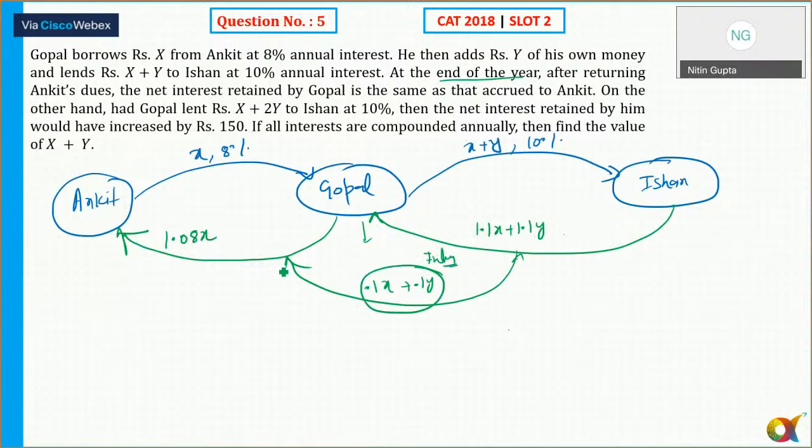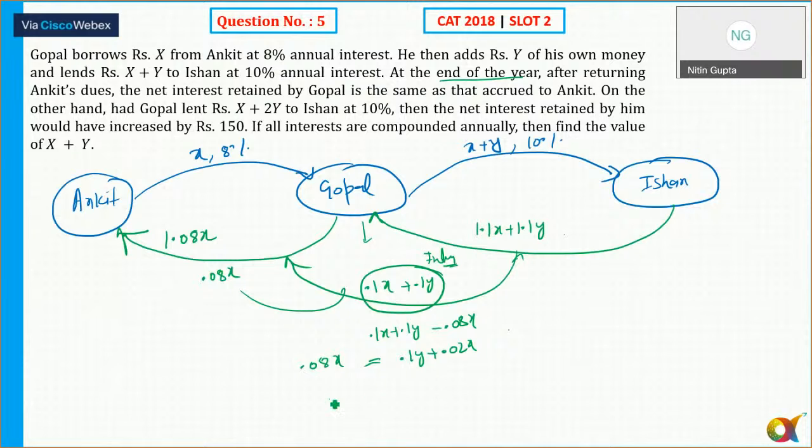And Gopal has given Ankit how much interest? 0.08x. So what is the interest left with Gopal? I can say 0.1x plus 0.1y minus 0.08x, and that will be equal to 0.02x plus 0.1y, which is equal to the interest received by Ankit, that is equal to 0.08x.